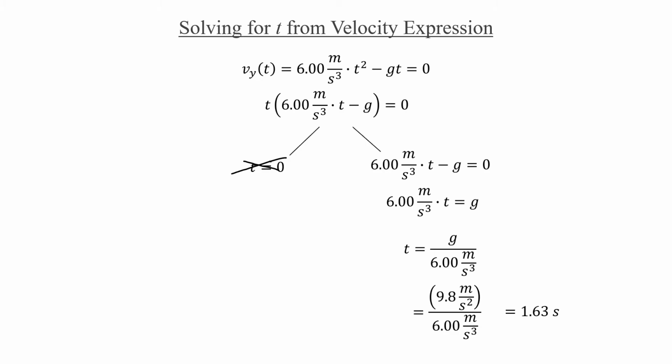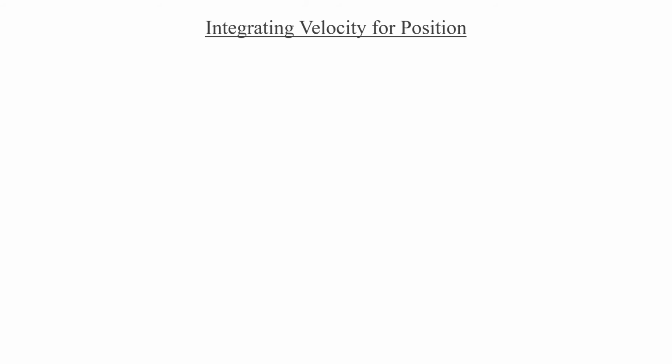But this is not the answer to part B. We're just going to use this to get to the answer to part B. We need to do a little more calculus before we can finish. Our next step is to integrate velocity for position.